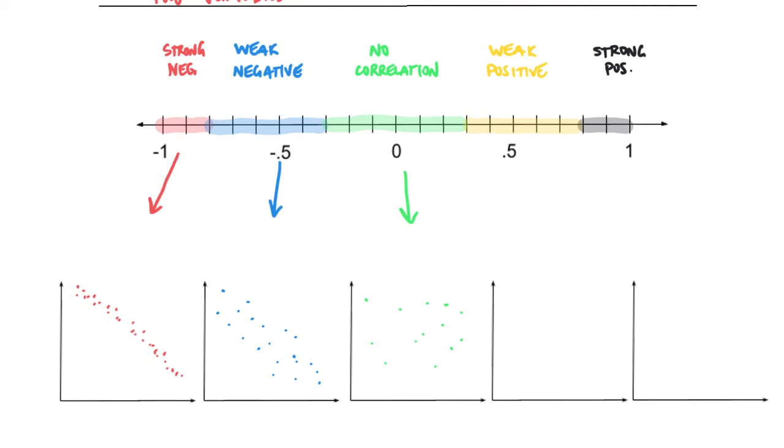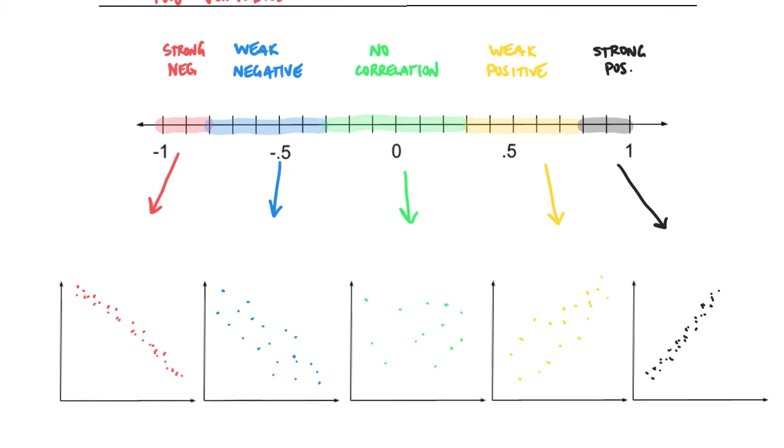And so then we keep going. A weak positive is going to be, okay, the points are not very close to the line, but they're definitely going up. And then a strong positive is going to be that the points are very close together and headed up.